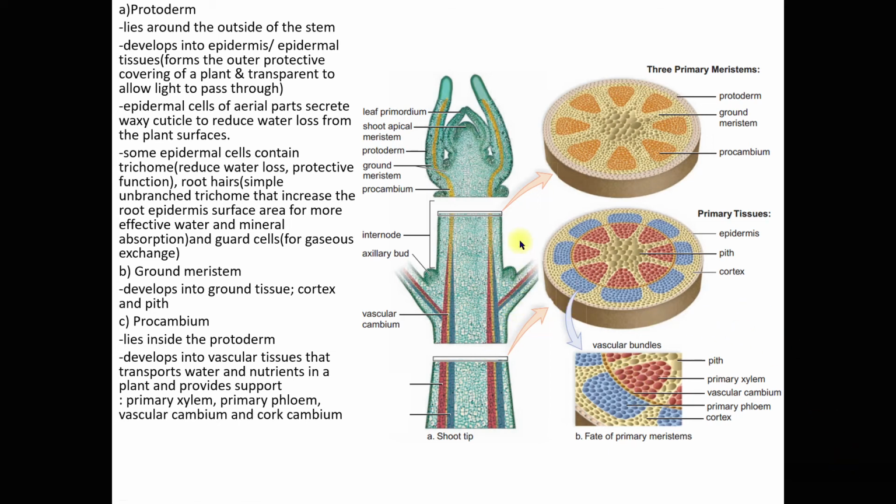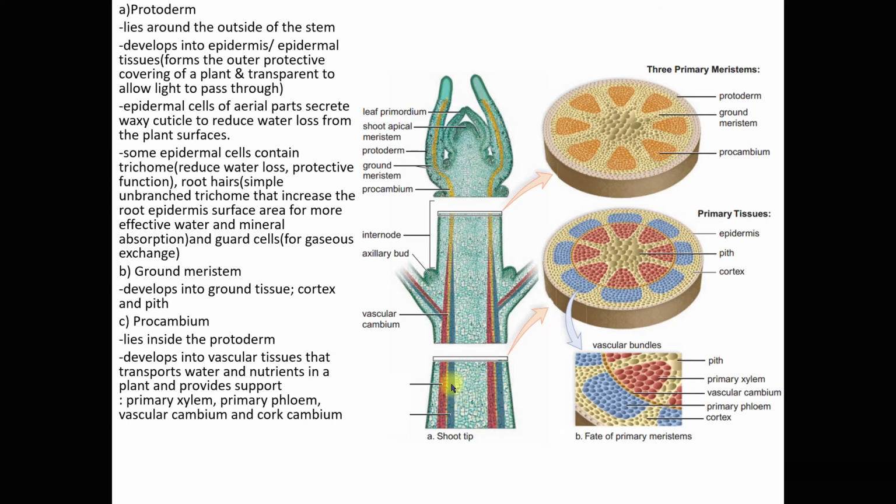Class, please make a proper correction in your module about this diagram. This diagram was taken from the Campbell book. The blue here is supposed to be red in color, to correspond with the primary xylem. So this is correct, this is primary xylem.